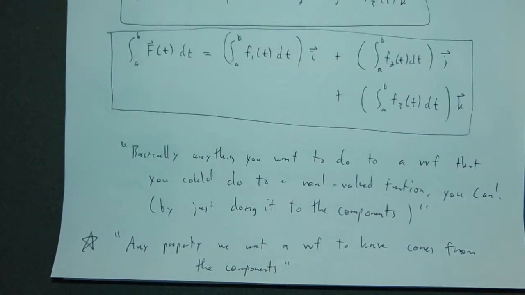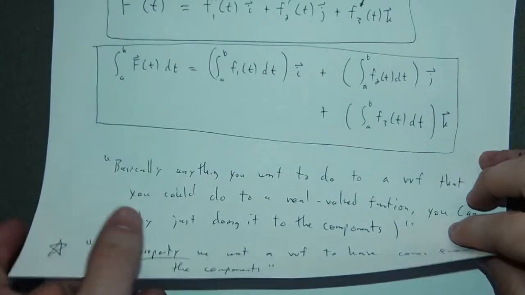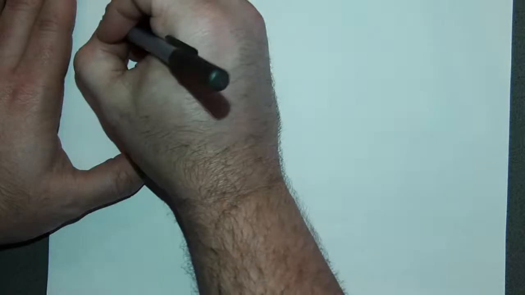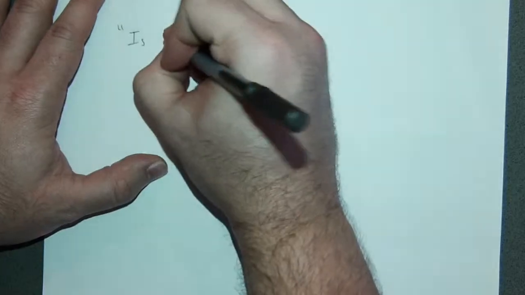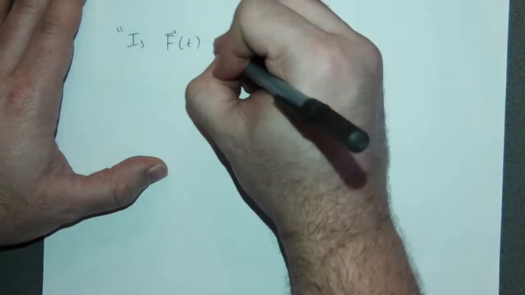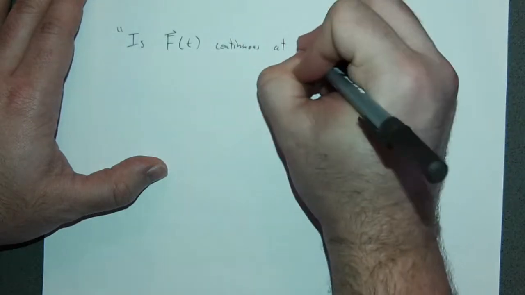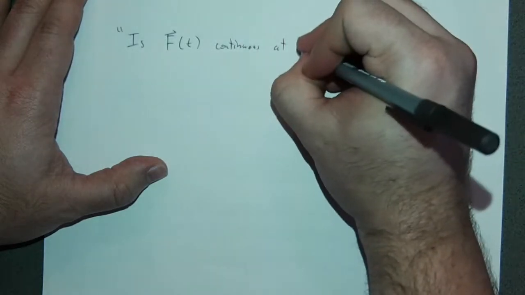What am I really trying to say? What I'm trying to say is, for instance, let's say we want to ask the question, is a vector valued function continuous? So continuous at, say, t naught. Okay.